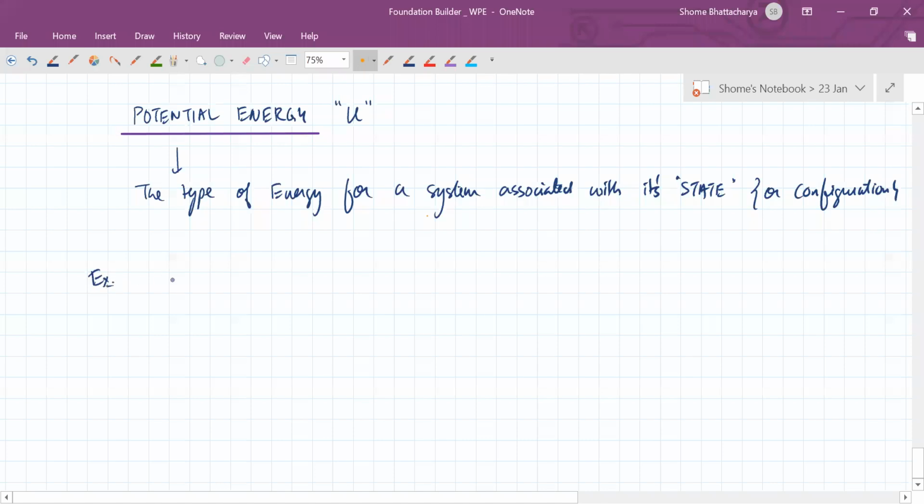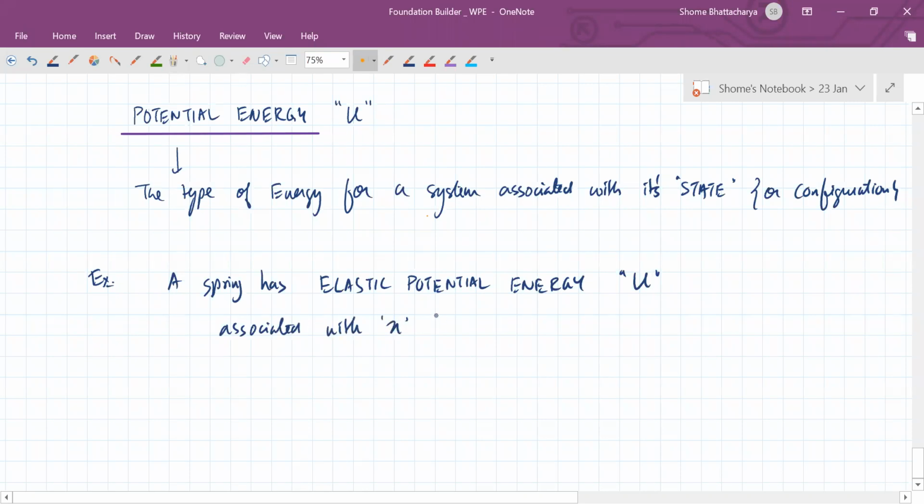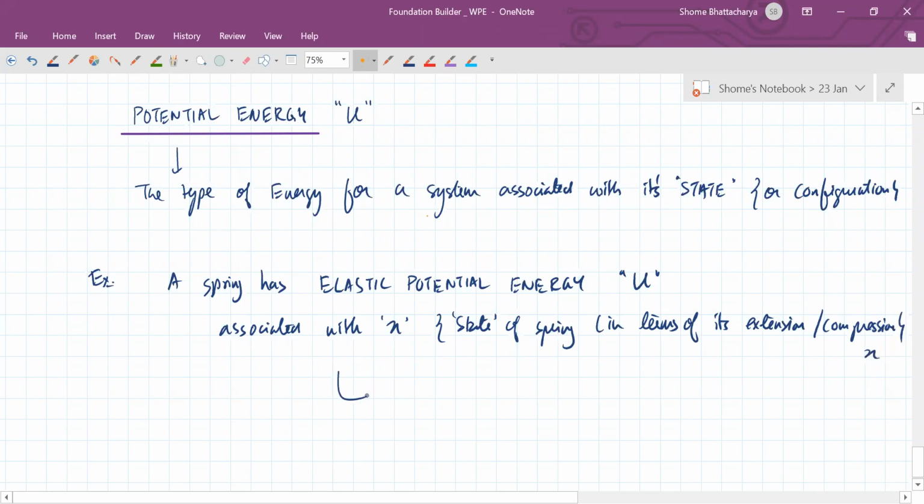For example, a spring has something called elastic potential energy, U, which is associated with X, that is the state of the spring, in terms of its extension or compression, X. So the potential energy of the spring is some kind of function of X, where X is the extension or compression.